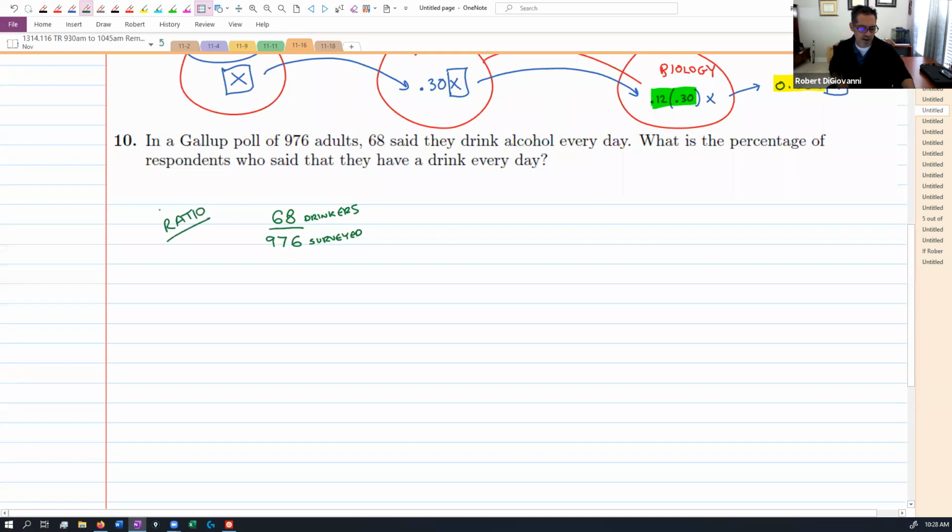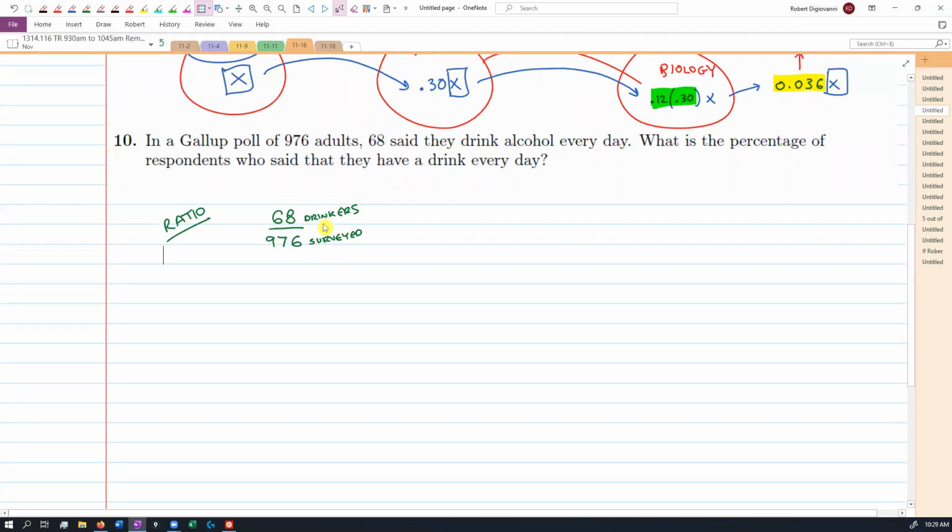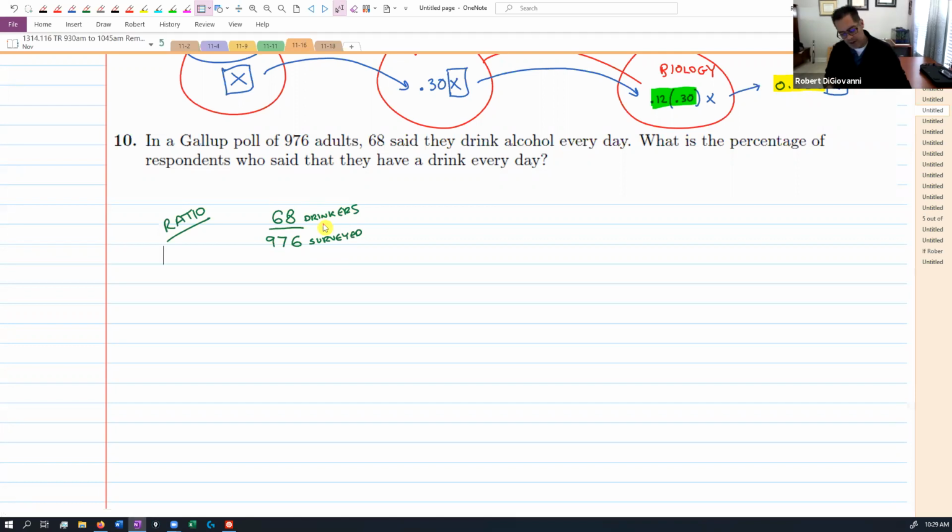The ratio you're setting up is the ratio of drinkers over the people who were surveyed. And if you do this, you're going to get a decimal. 68 divided by 976. So you get an answer. It's approximately 0.0696, almost a 666 again. Let me round that last one up to a 7. There we go.